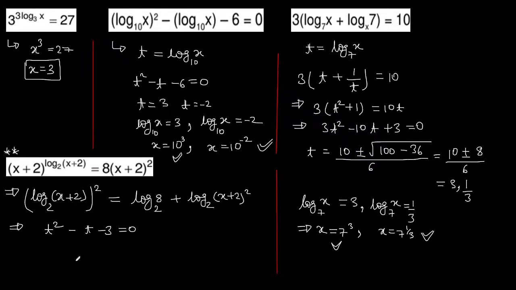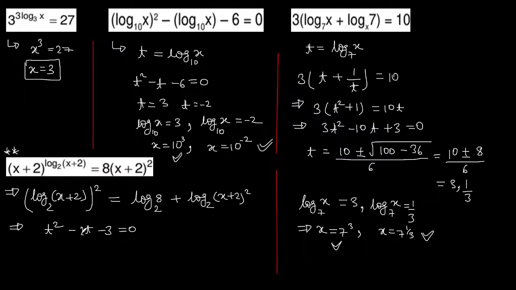We'll find the value of x and we'll try to put it in the equation. Since x plus 2 is positive, the mod will be positive, so we consider this as positive only. This is a positive term, 2 will come out, and this positive term will stay.